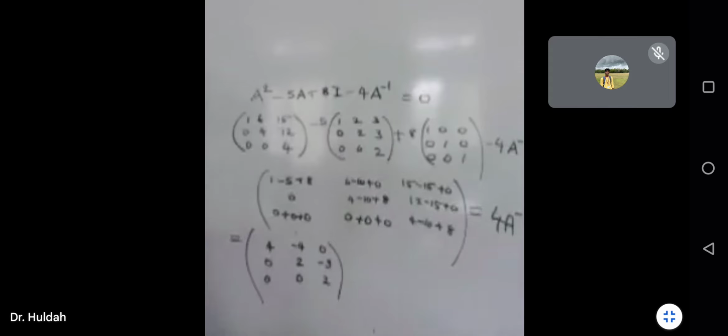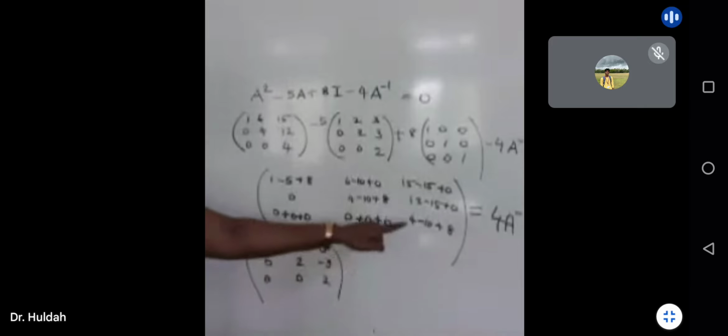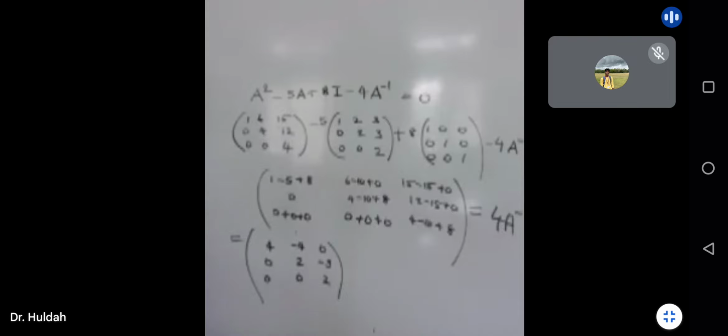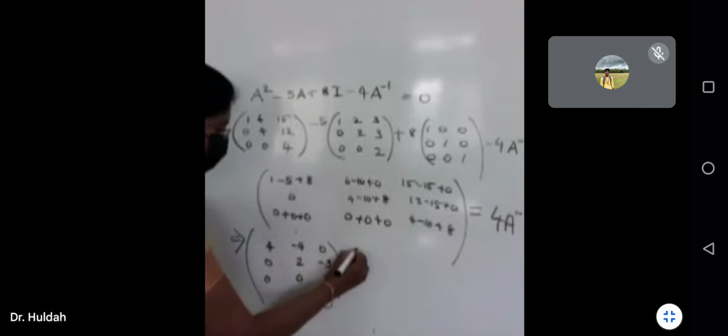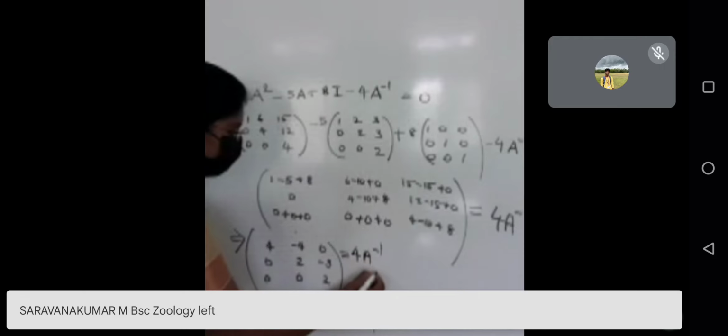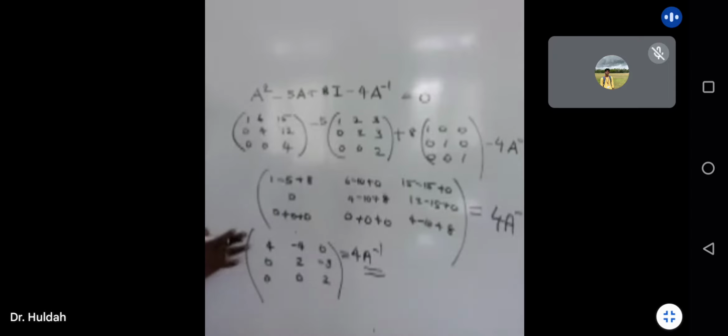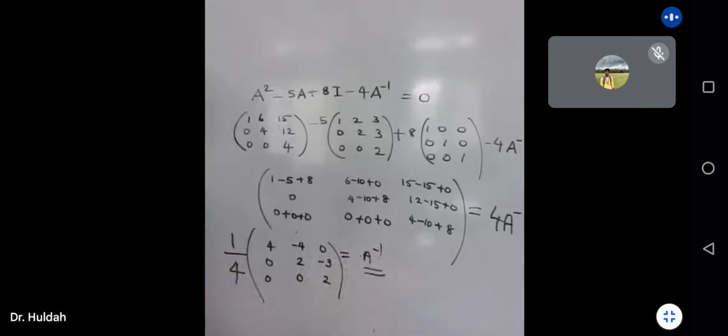Is it right? This is equal to 4A inverse. So this is equal to 4A inverse. If I want to find only A inverse, I write 1 by 4 of this is equal to A inverse.